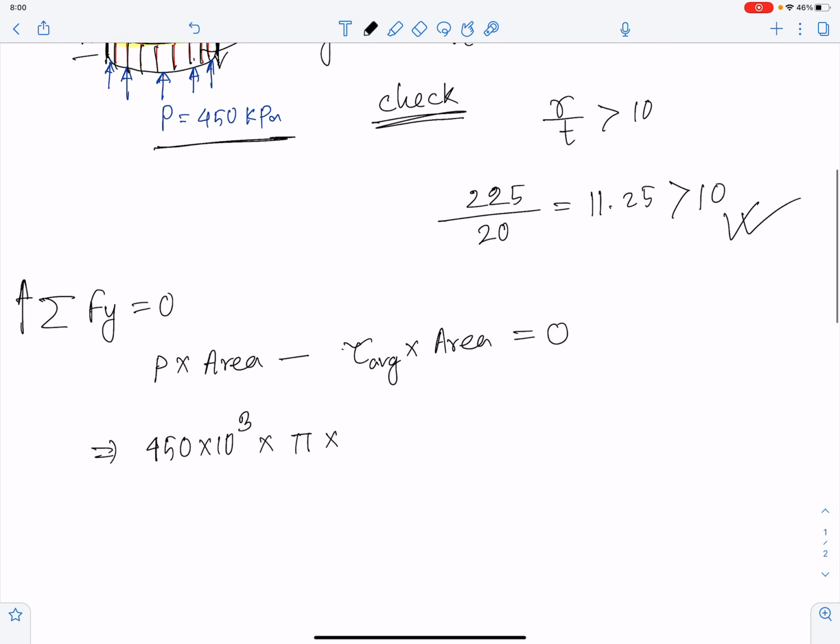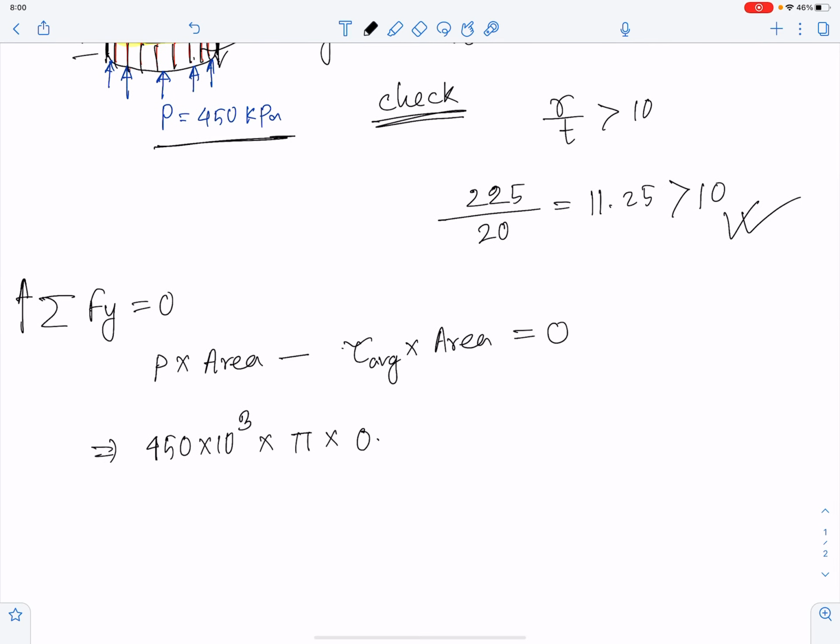If we convert it to meter, it is 0.225 meter.